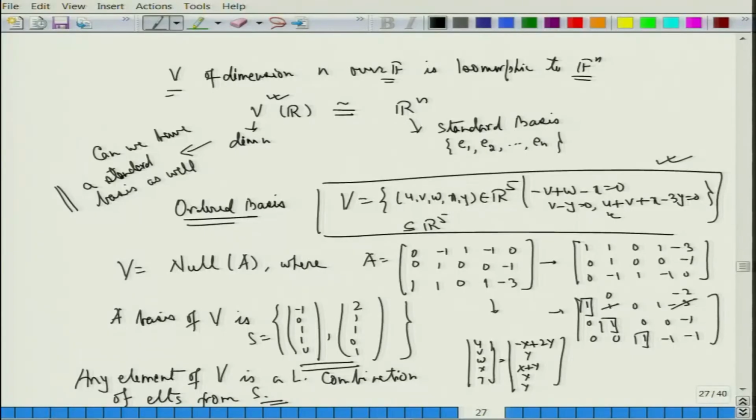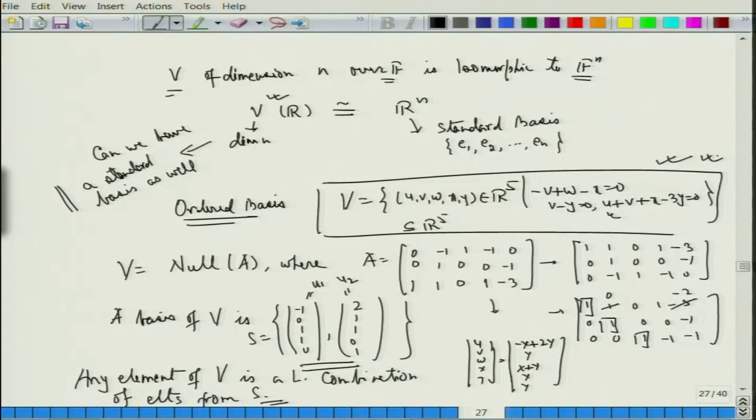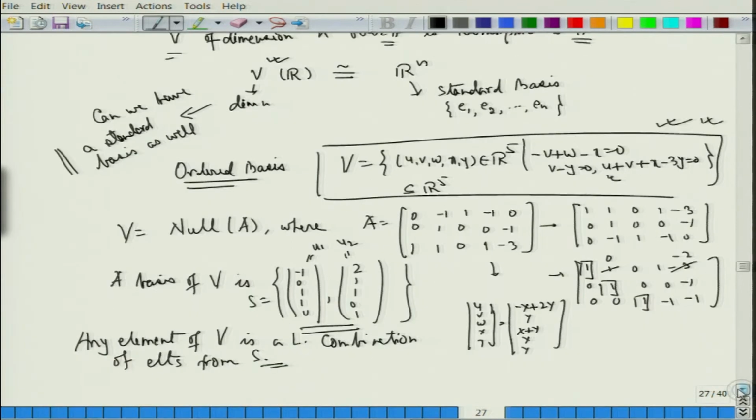If I keep track at the back of my mind that this is my first vector, this is my second vector, then I have already fixed my vectors u1 and u2, and since I have fixed them, I can understand it in a different way.